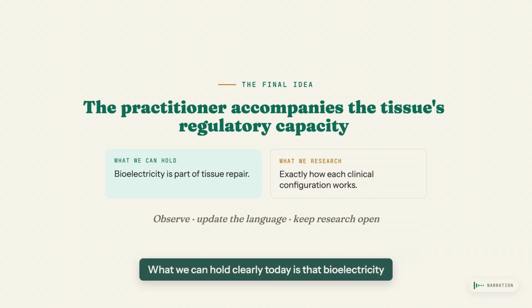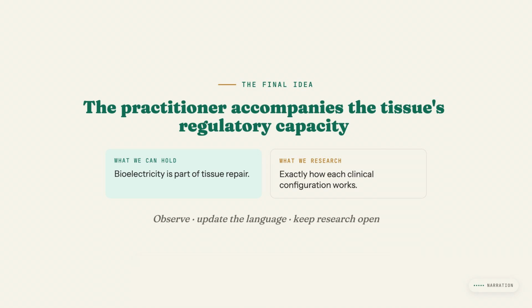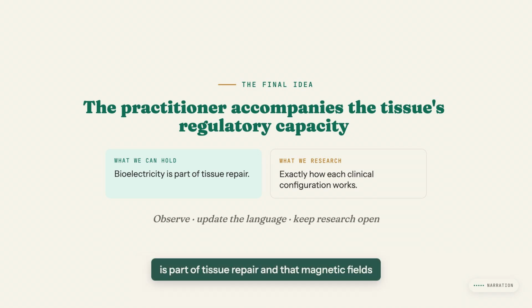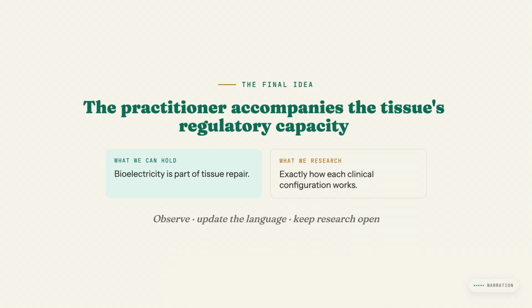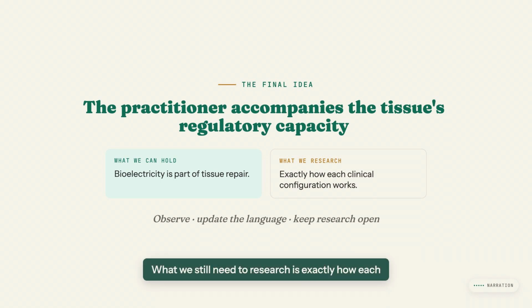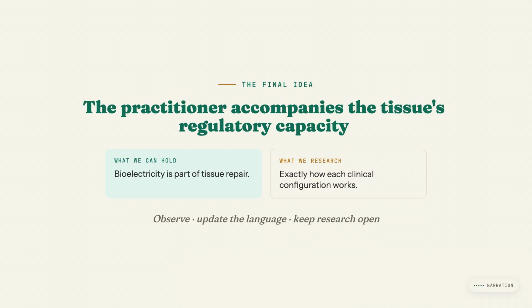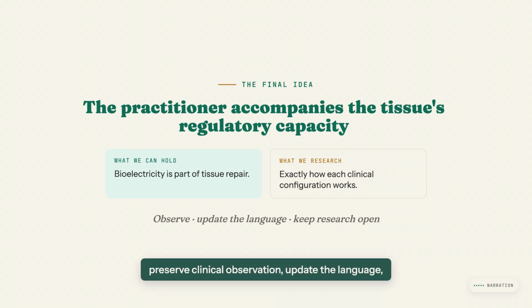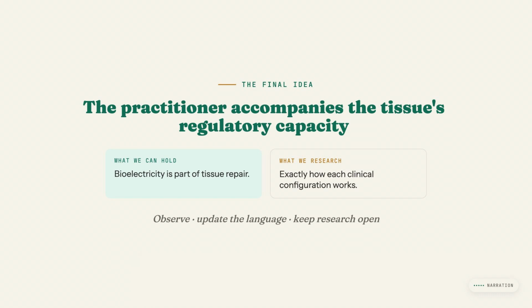What we can hold clearly today is that bioelectricity is part of tissue repair and that magnetic fields can interact with cellular structures. What we still need to research is exactly how each clinical configuration works and where its specific effects are. That is the most useful position. Preserve clinical observation, update the language, and keep resources open.